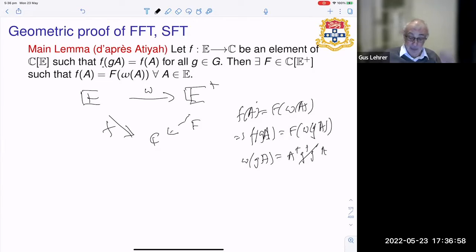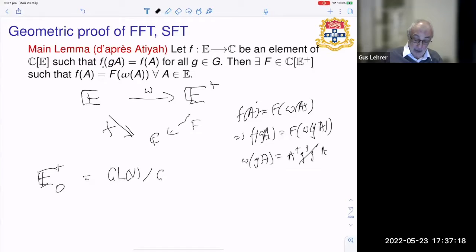So if you look at E plus non-singular, so I'll call it E plus naught, then this is just GL N or GL V modulo G, because G is the fixer of a non-singular form.